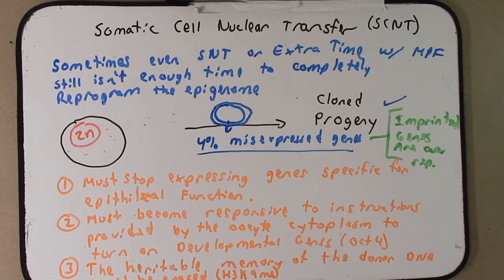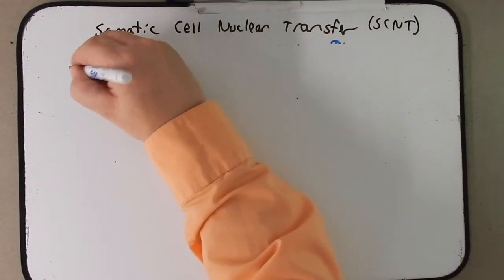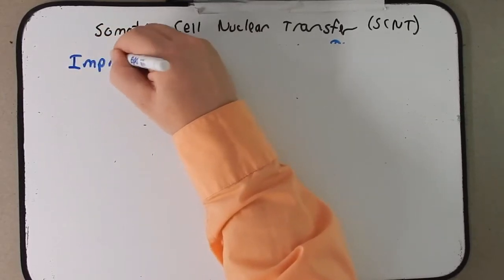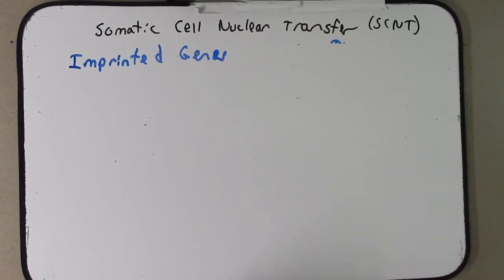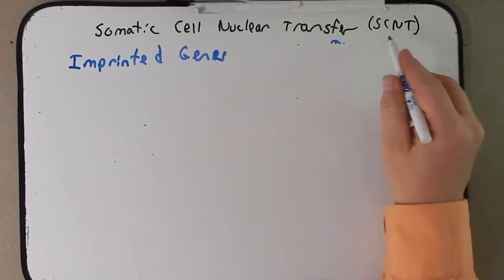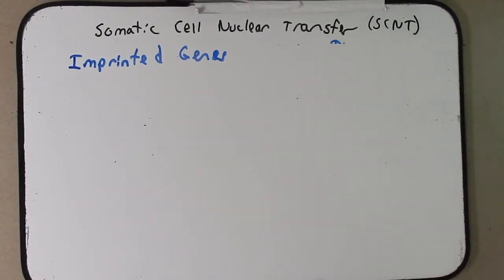So the end result is usually imprinted genes, we only see half of the genes expressed because either mom's or dad's are imprinted. But now what we're seeing with some of these imprinted genes is that we have twice the expression. So let's spend a little bit more time talking about these imprinted genes and why they are more likely to be misexpressed during SCNT development.